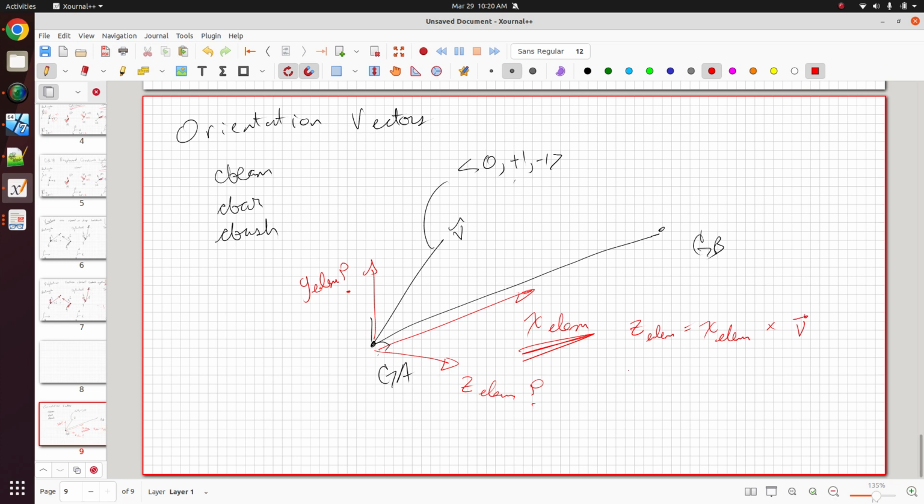And then the y element axis is the cross product between the z element axis and the x element axis. And now the question you might have at this point, in what coordinate system are you observing these values in? So it's really up to you what the coordinate system is.